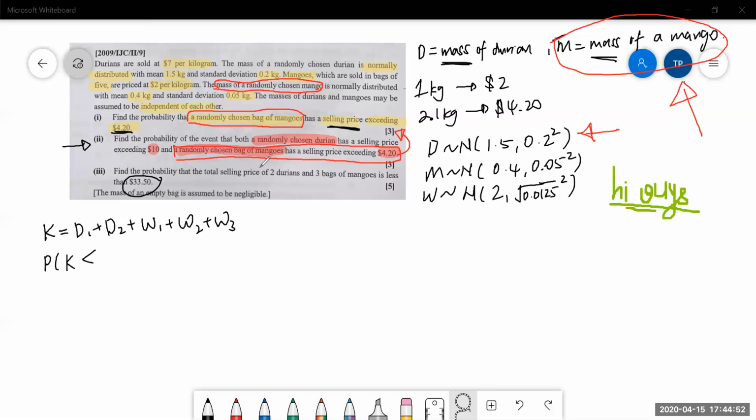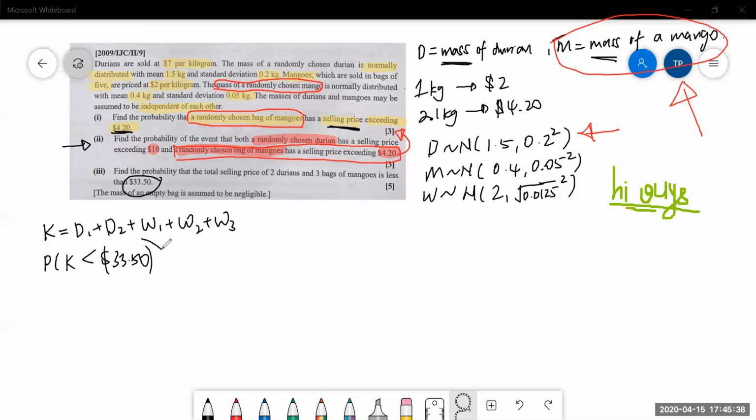2 durians. We want it to be less than $33.50. Wow, this is damn tough. How are we going to find 2 durians and 3 bags of mangoes? We want it to be less than $33.50.